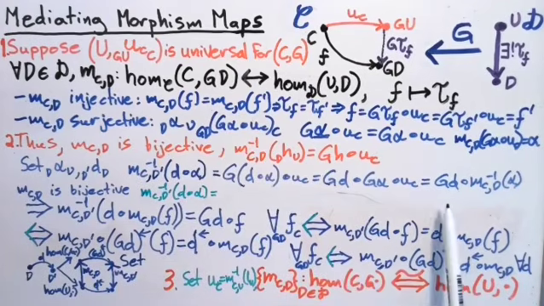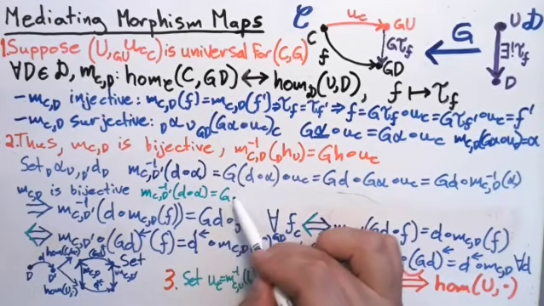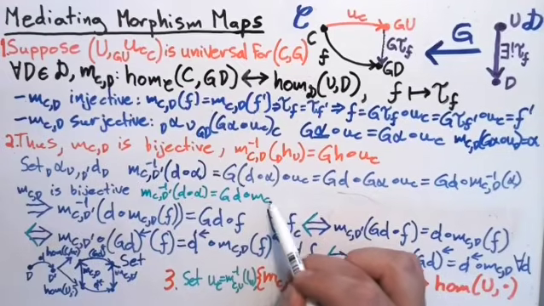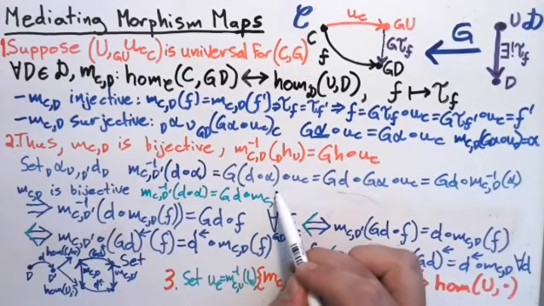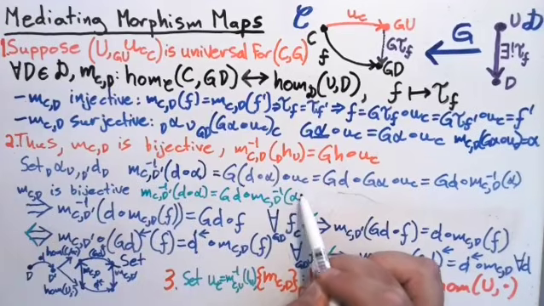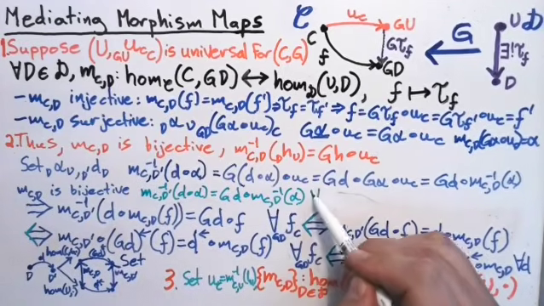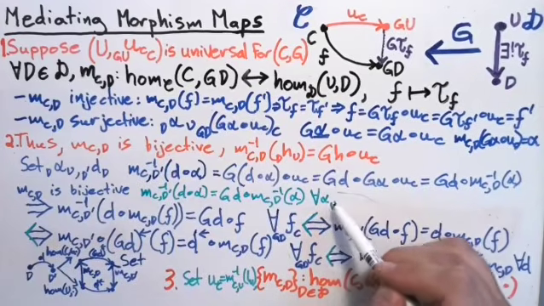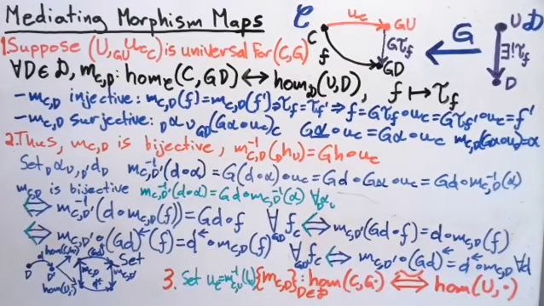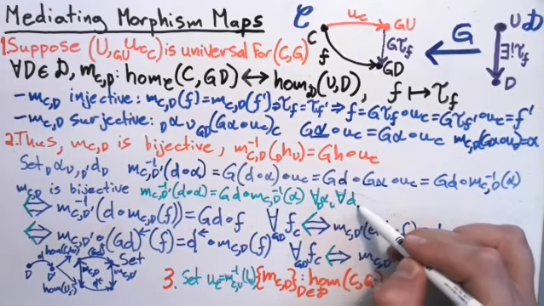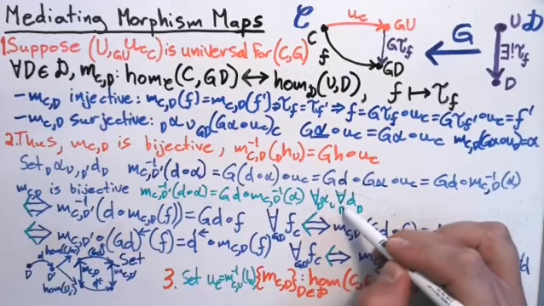And here we would get GD after MCD inverse of alpha, right? So we recovered this expression for all alpha from U to D, and for all D going from D to D prime.